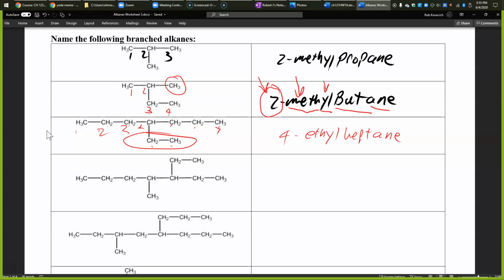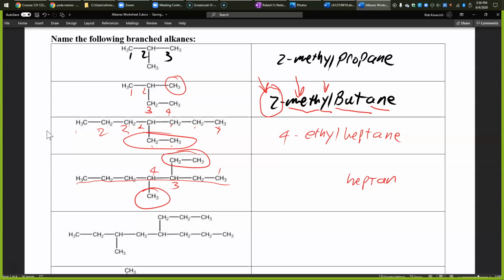I get 7 no matter which direction. I can get 7 two different ways, but it doesn't matter. It's still 7. So I'll make it easy on myself and just go here. So I've got another hept. And it's an ane because it's all single bonds. And I have 2 side chains here and here. What side do you want to be carbon number 1 on my main chain? The right side. If I do the right side, then I get a 3 and a 4. If I do the left side, then I would get a 4 and a 5.